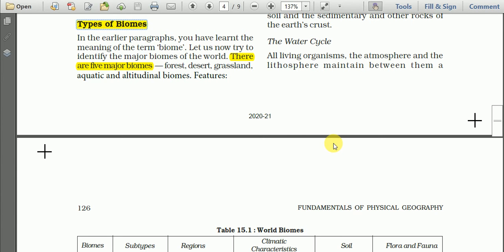There are 5 major types of biomes, as we discussed earlier, and it is also mentioned here: forest biome, desert biome, grassland biome, aquatic biome, and altitudinal biomes. And in table number 15.1, some important features of these biomes are given.